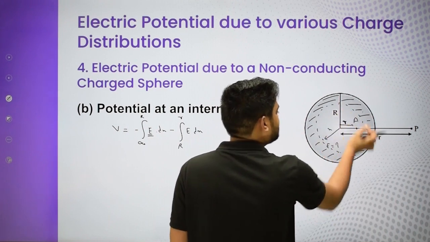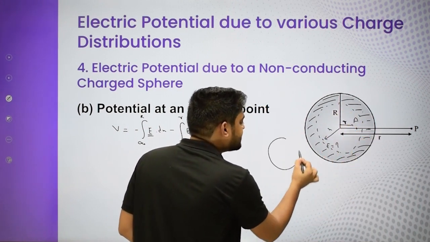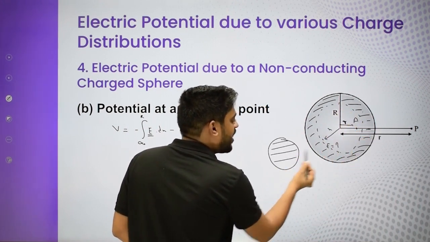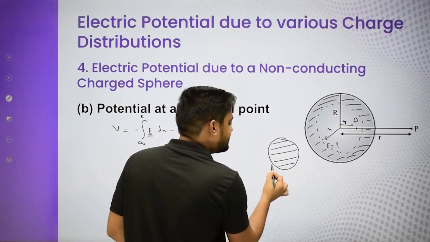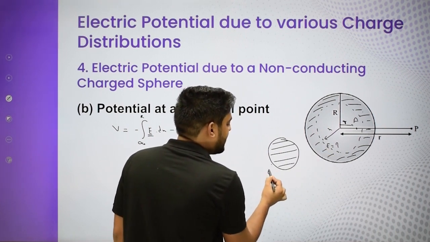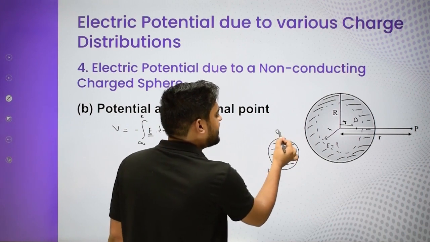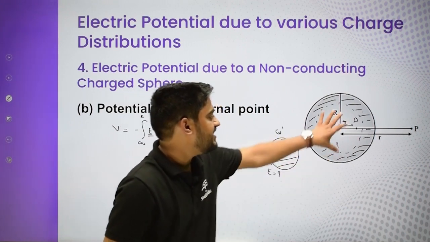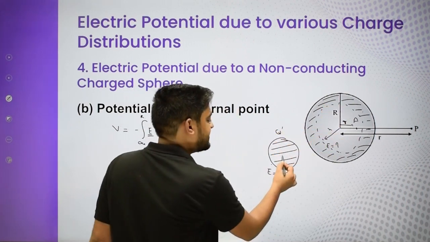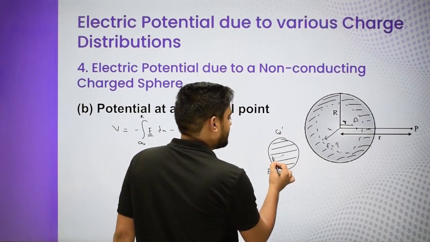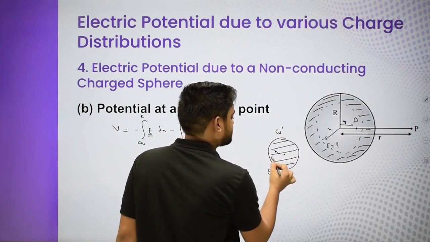So the electric field is 0 due to this region. And what about the inner region? The inner region is just like a charged sphere, but this point is lying outside of it. First I need to get how much is the charge on this inner region, which has a radius of x.